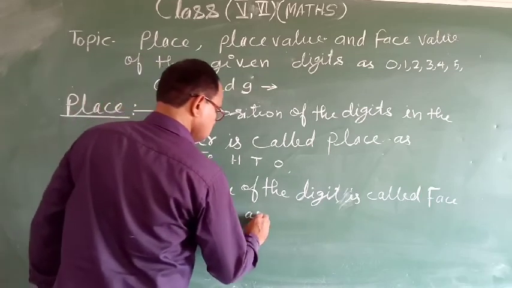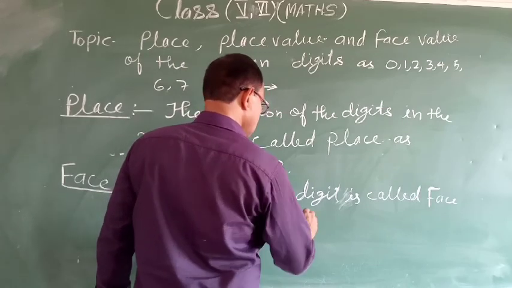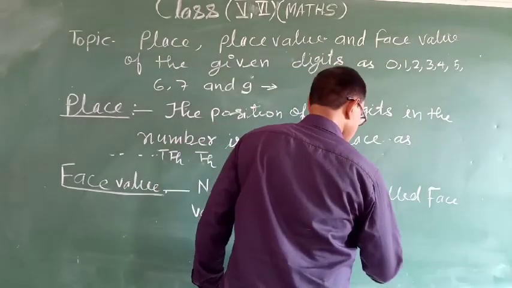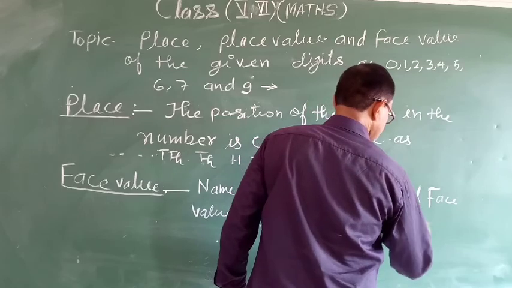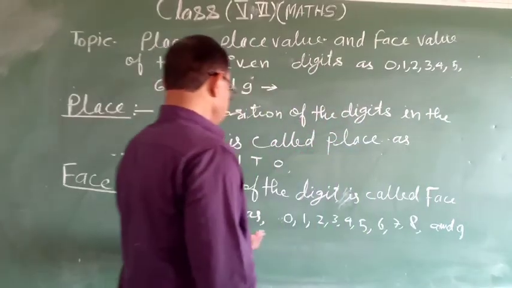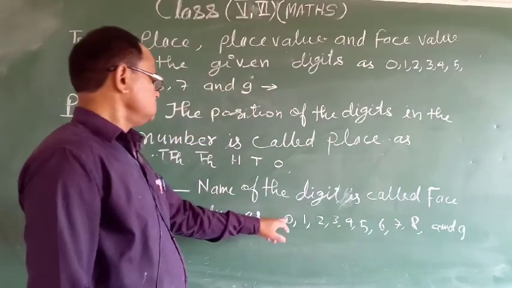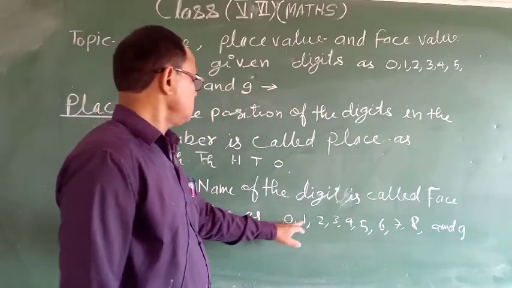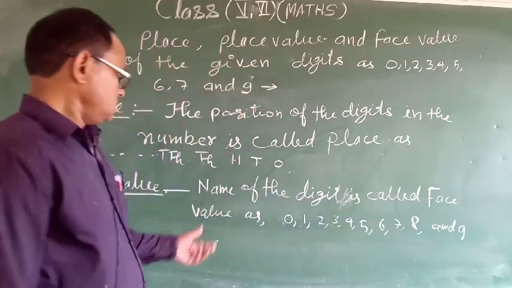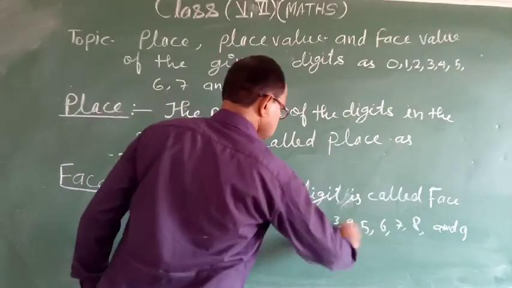Face value as digit 0, 1, 2, 3, 4, 5, 6, 7, 8 and 9. This name is called face value. Face value of 0, face value of 1, 2, 3, 4, 5, 6. Name of the digits is called face value as this.